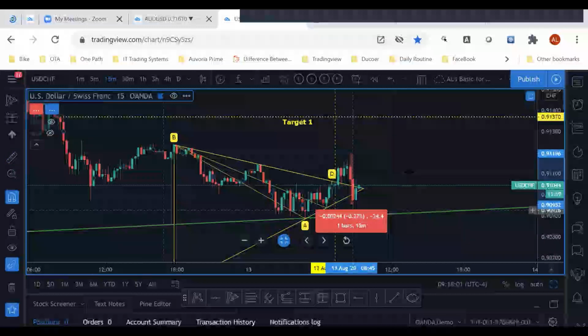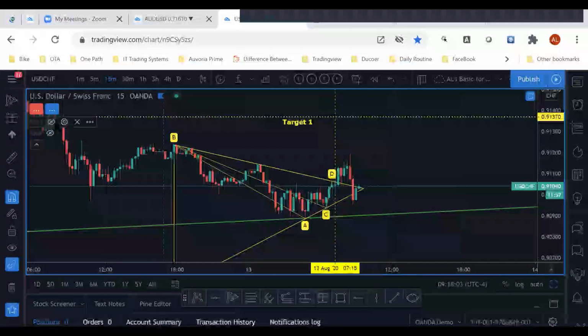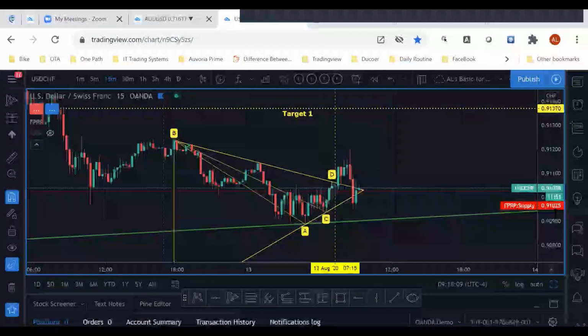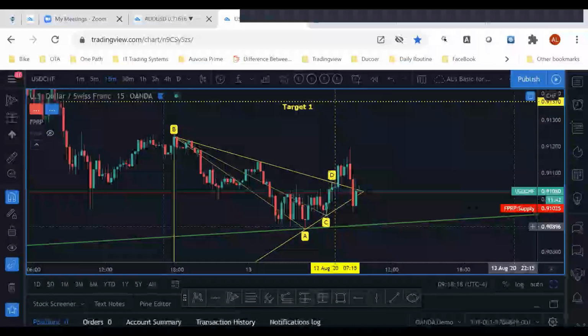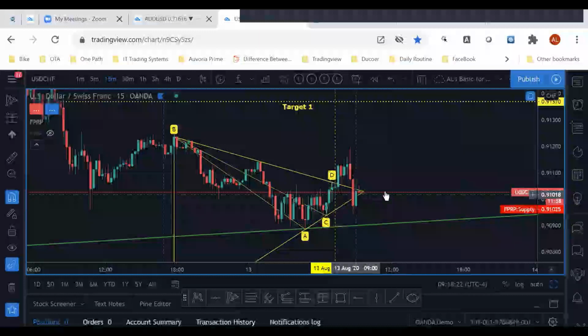That's 24 pips. How about some fib lines here? We have a red line right here, right where it's battling it out right now.